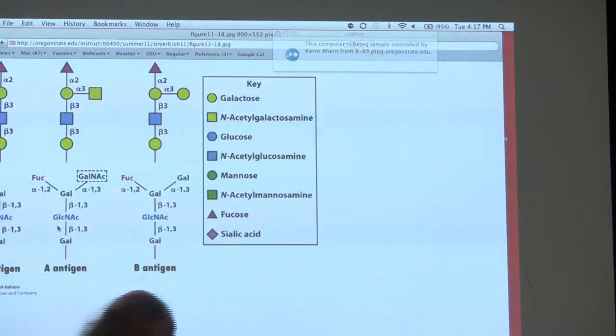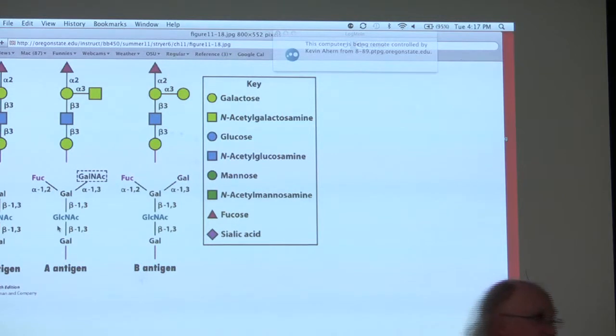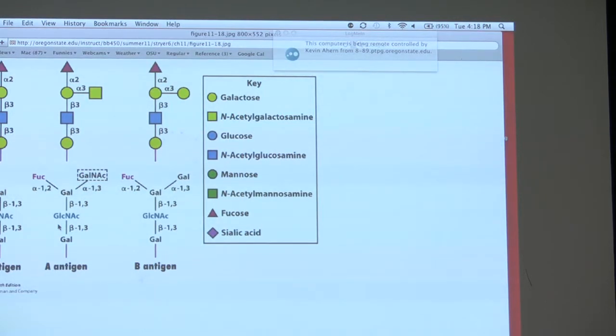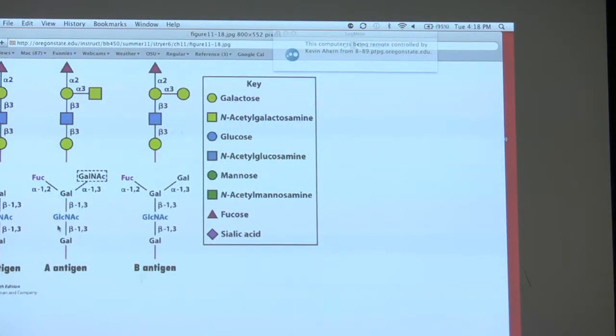Examples include, for example, the blood group antigens. These are molecules that we find on the surface of blood cells, and they give rise to the O, the A, and the B blood types that we see. These molecules are glycoproteins, meaning that they are proteins that are embedded in the surface of blood cells, and attached to those proteins are short oligosaccharides of specific structure.